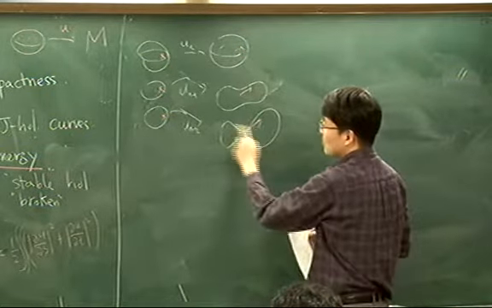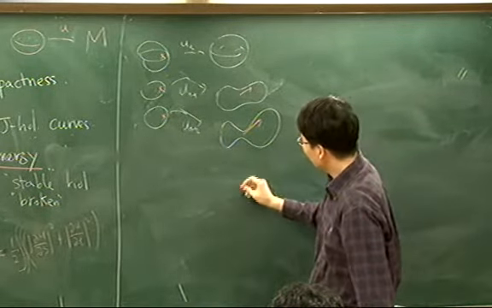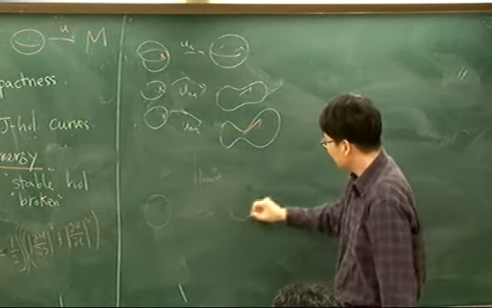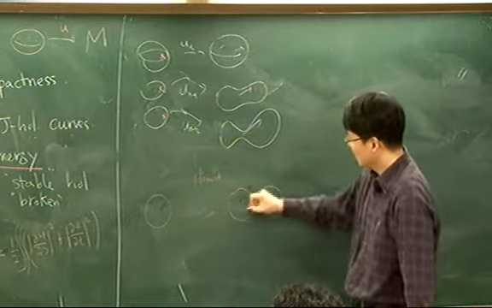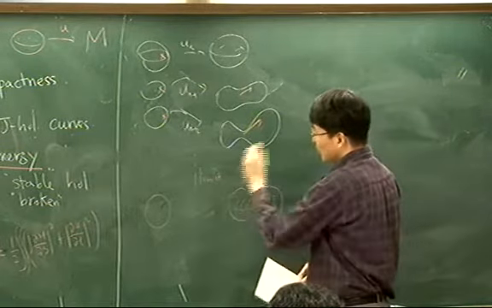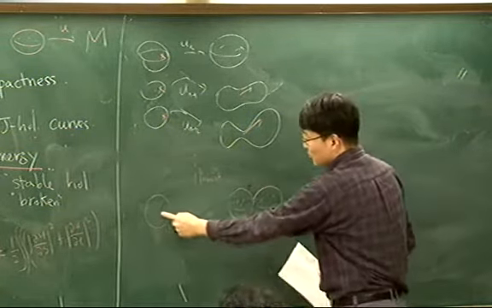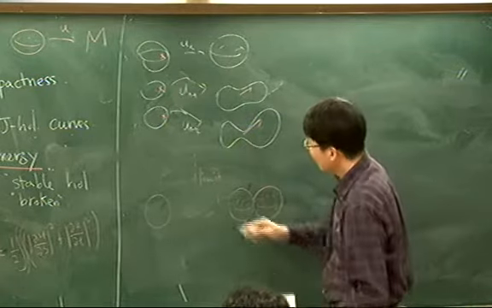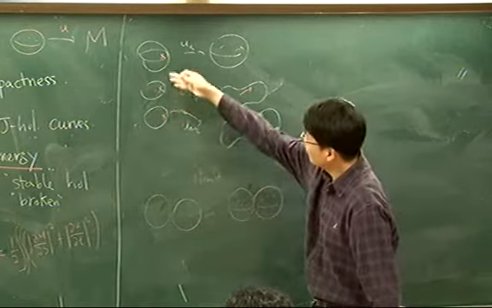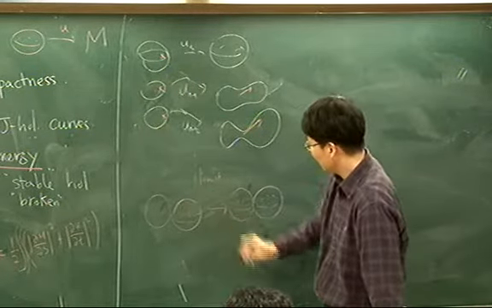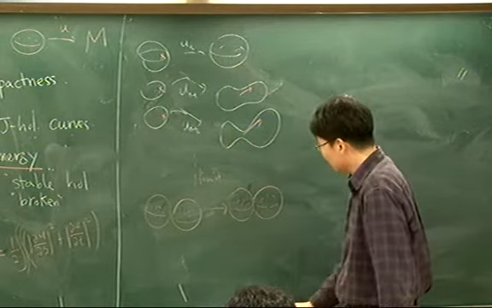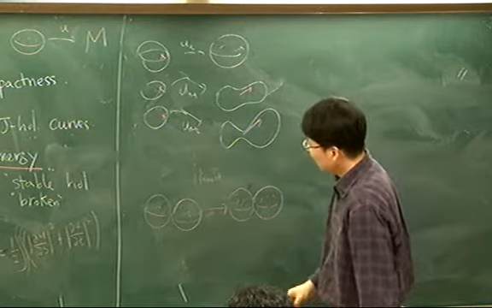So at this point the derivative gets bigger, and at the end, the limit, the image would look like this. This is what's called a stable curve, and you cannot define a map from here to here, so to define a proper map you have to add a component in your domain and then define a map this way. So this is the sense of the limit we are taking.